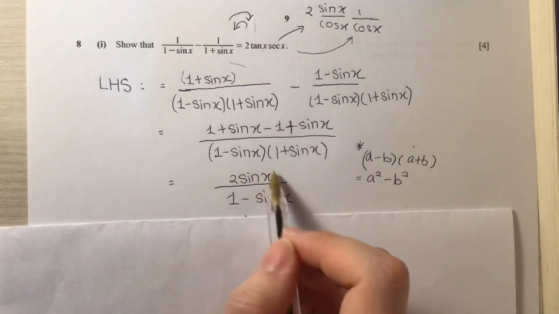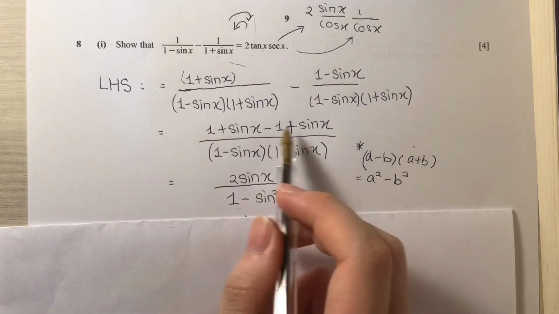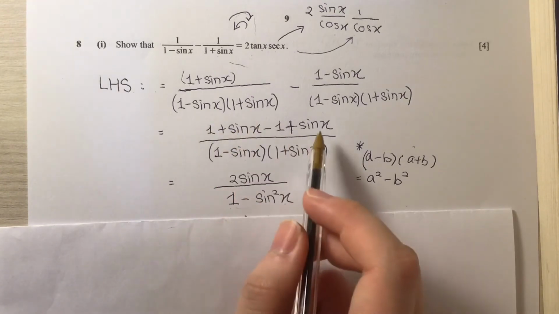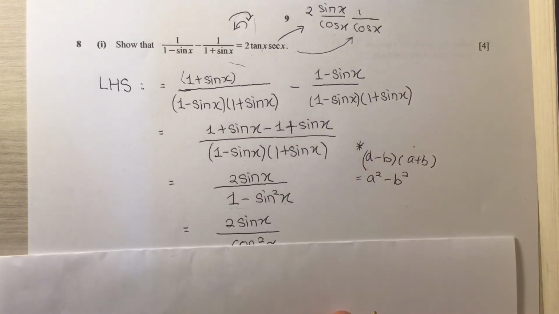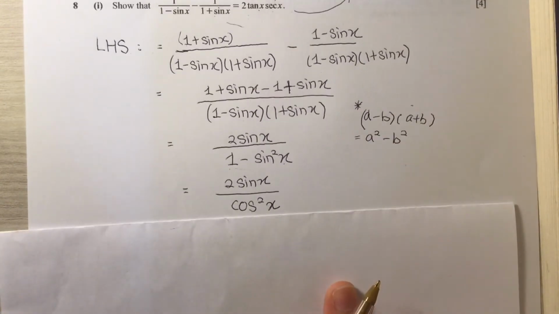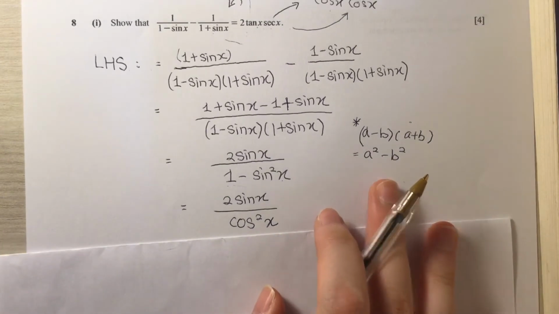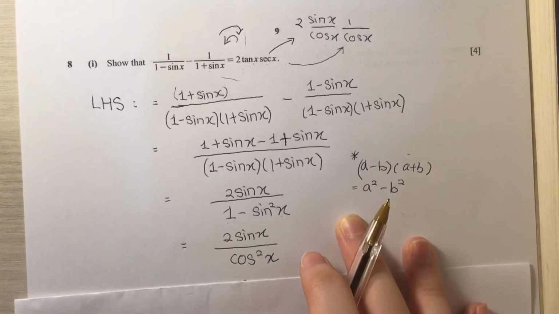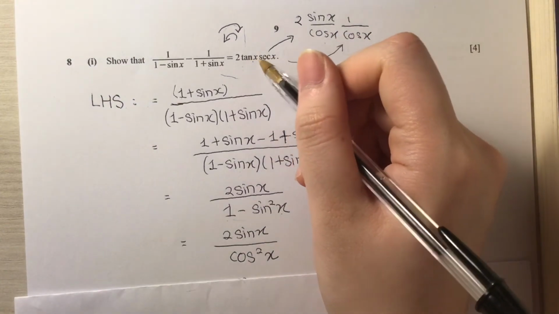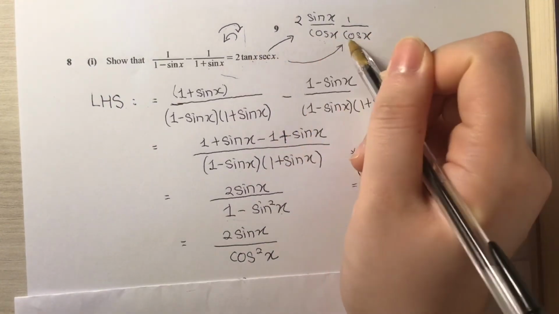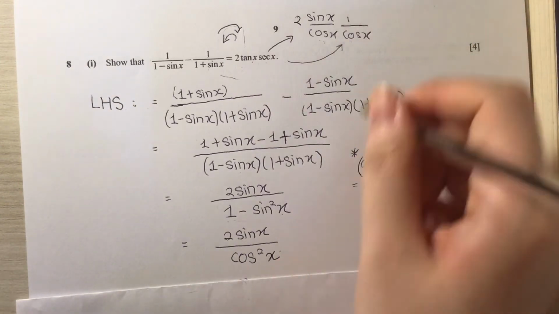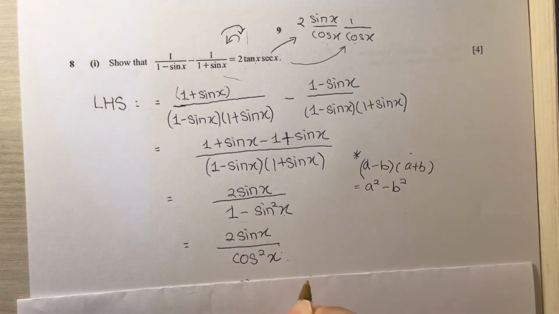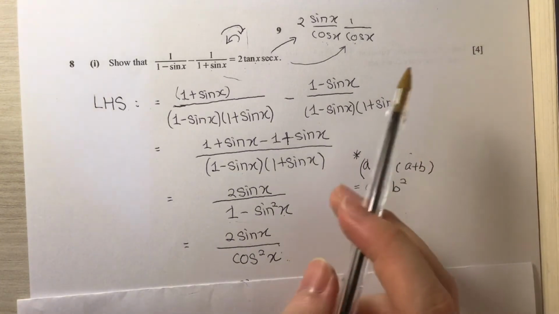And on top over here, the 1 minus 1 just got eliminated, and then positive sine x plus another sine x will give you 2 sine x, because there are 2 of them now. You may end up in this form, because when you write each of them separately in this way, we can link them together when we come to this step of calculation.